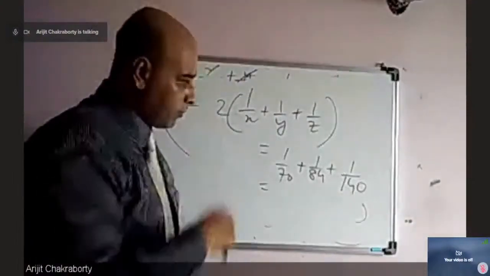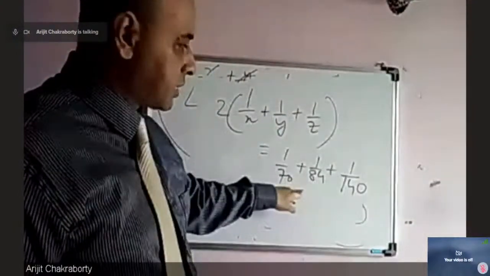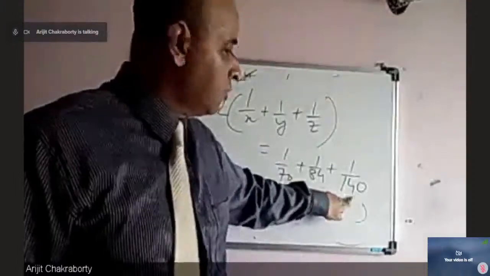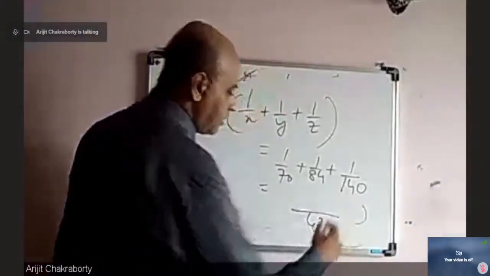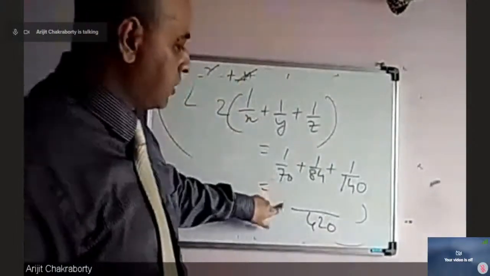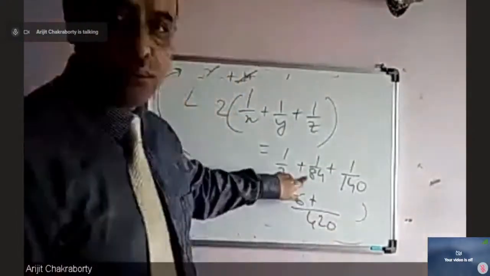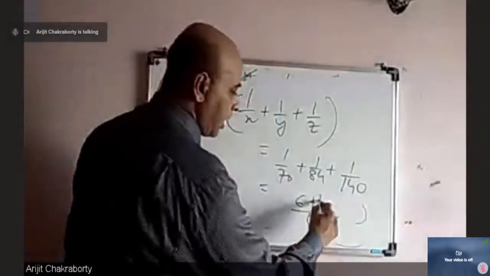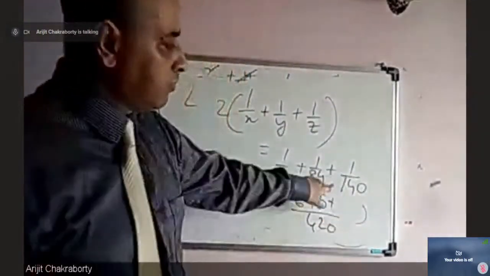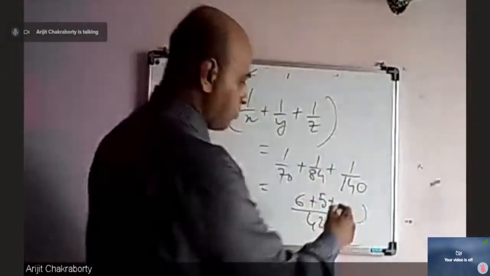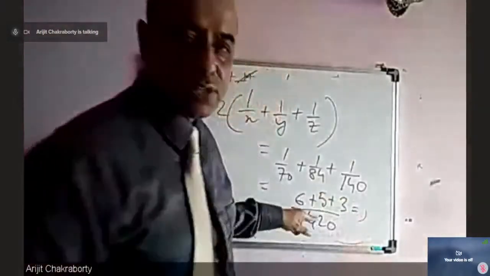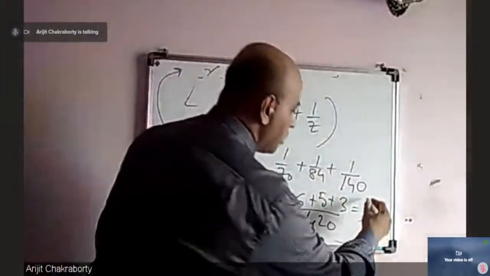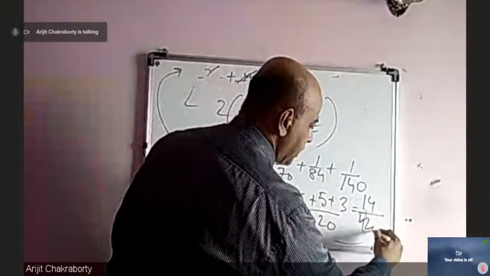So, the LCM of 70, 84 and 140 is 420. So, you have 6, 84 goes 5 times, so plus 5, and 140 goes 3 times, so plus 3. 6 plus 5 is 11 plus 3 is 14. 14 by 420.